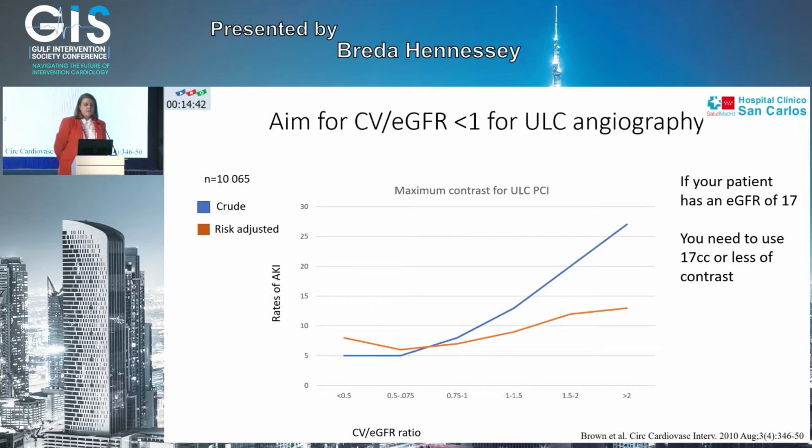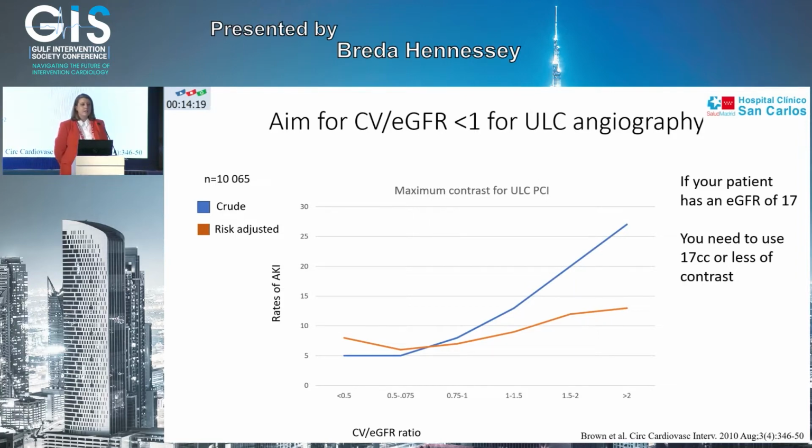So the idea of ultra-low dose contrast intervention is primarily based around this idea of contrast volume to eGFR ratio of 1. And this is primarily based on a study by Brown et al. And essentially what it showed was that if you keep your contrast volume to eGFR less than 1, you are unlikely to harm your patients.